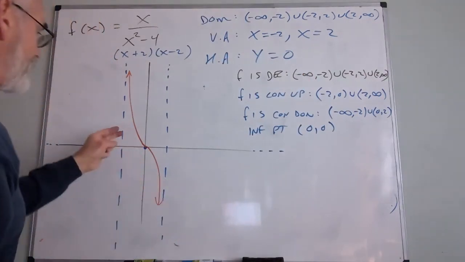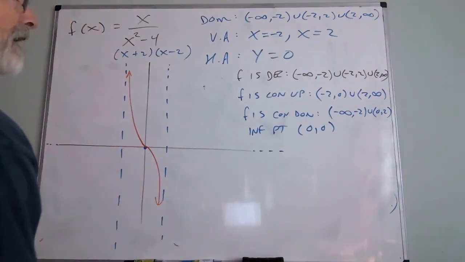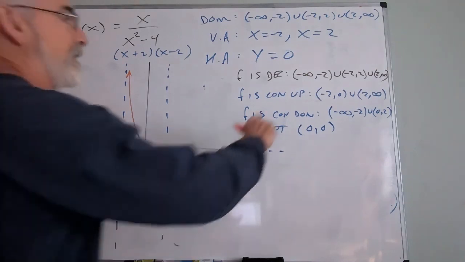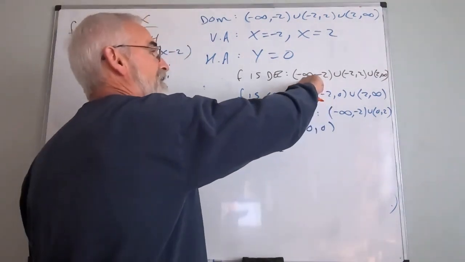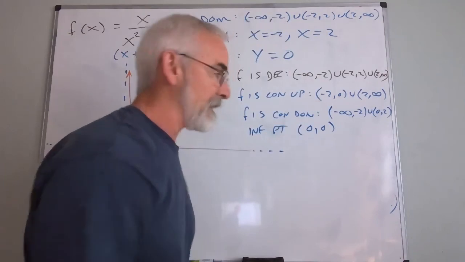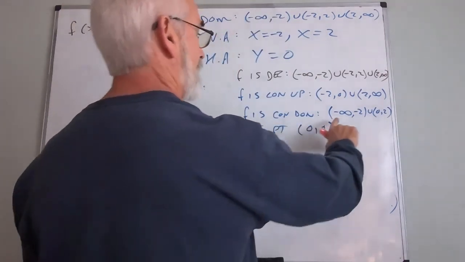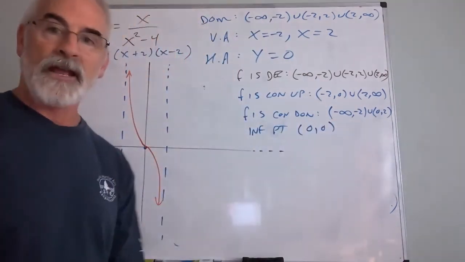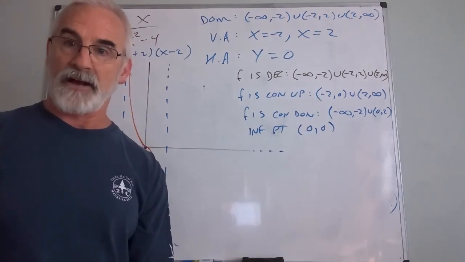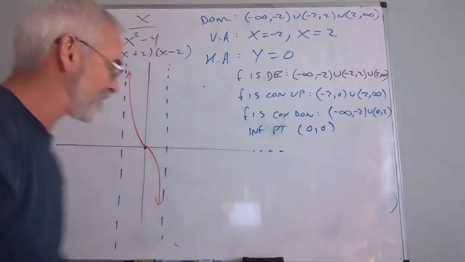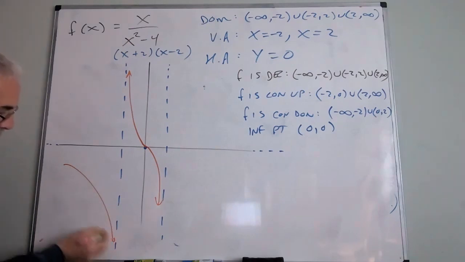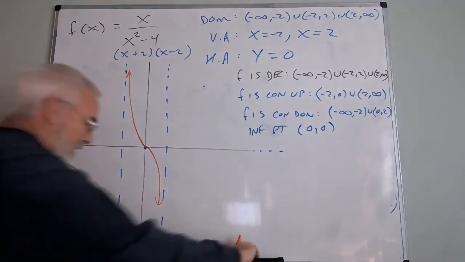Now, how about to the left of this asymptote? Okay, so what's happening from -infinity to -2? This says it's always going downhill. From -infinity to -2, this says it's concave down. It's going downhill and it's concave down, and it doesn't touch the axis. Oops, sorry.